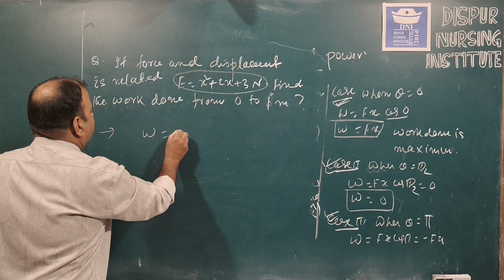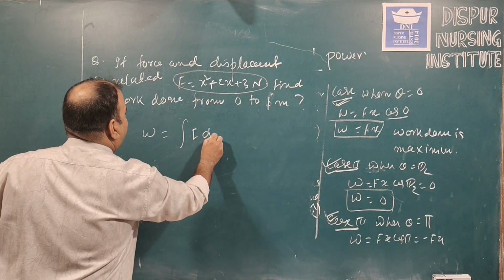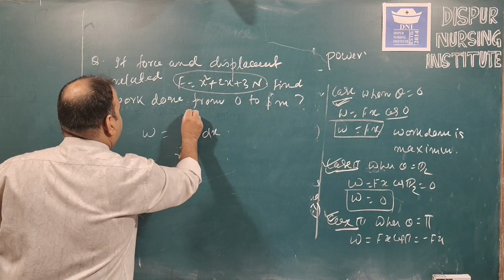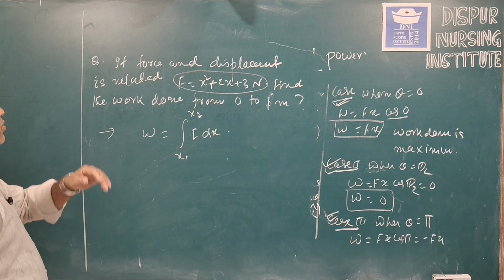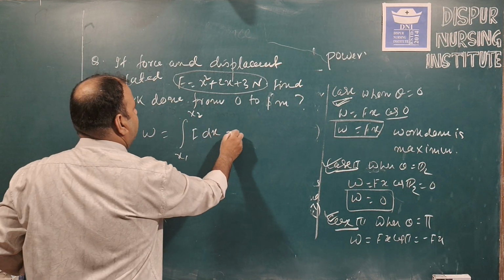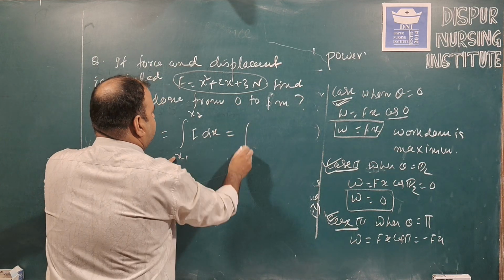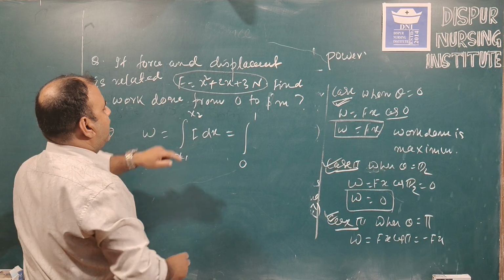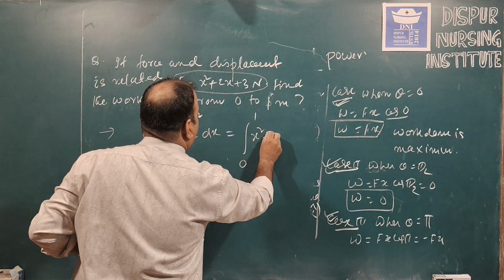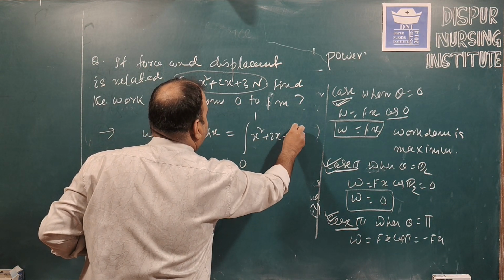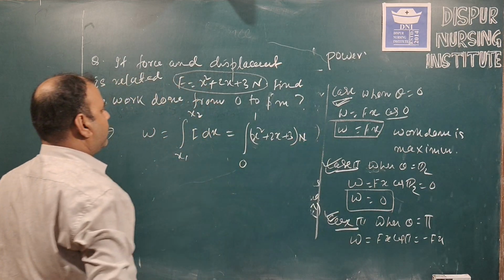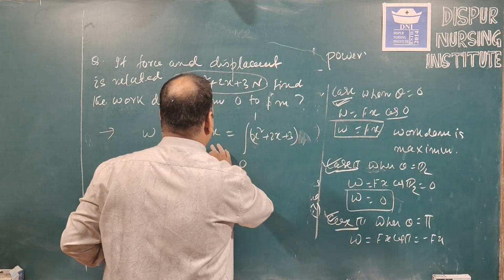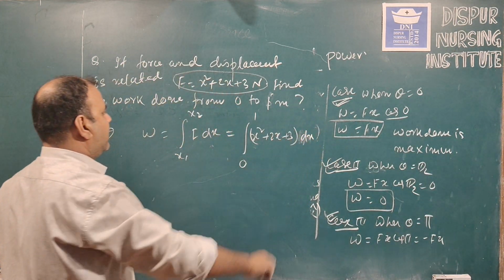Already we know W is equal to integral of F dx, from x1 to x2. According to our question, x1 is 0, x2 is 1. Now F is x square plus 2x plus 3 Newton. Newton no need to mention, but dx is given, so you have to mention dx.